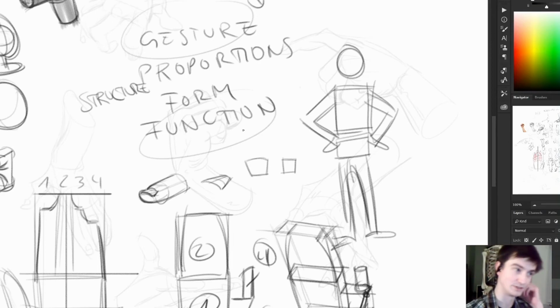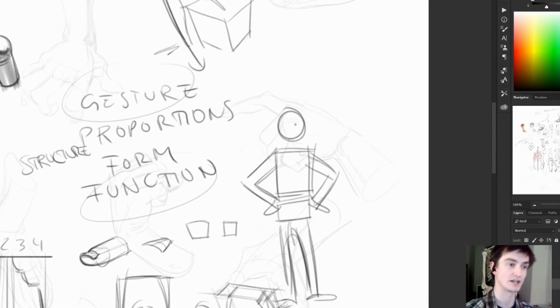Because, for example, head shapes can do so much. I can, of course, draw everything as a sphere, and that's a good representation because the base of a skull is kind of like a sphere.